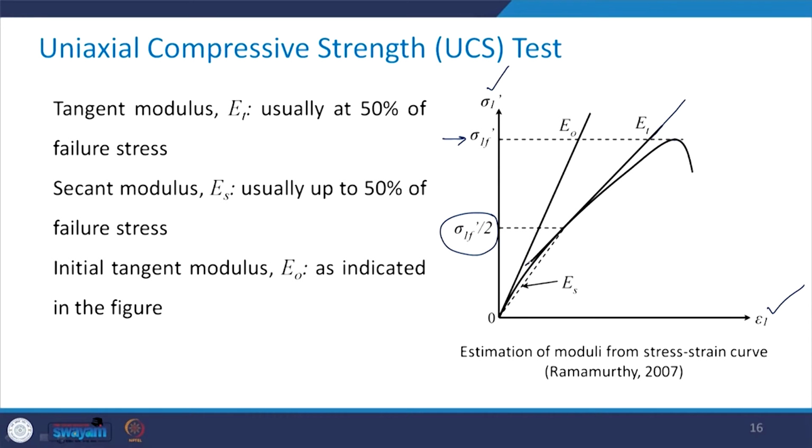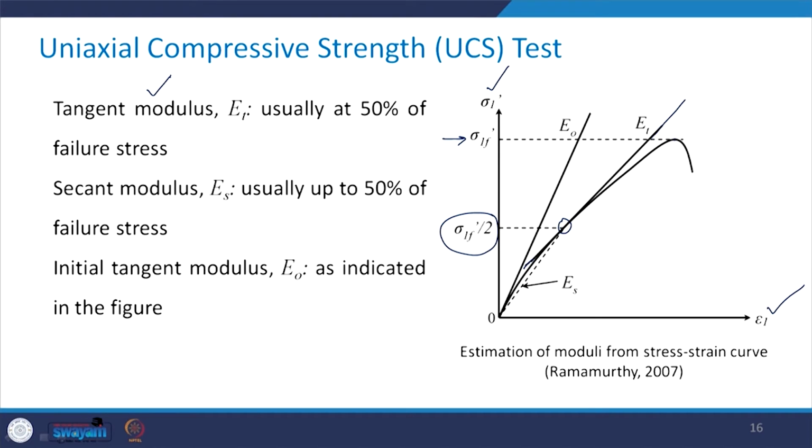So this is the tangent at this point. The slope of this is going to give me the tangent modulus. This is defined usually at 50% of the failure stress.